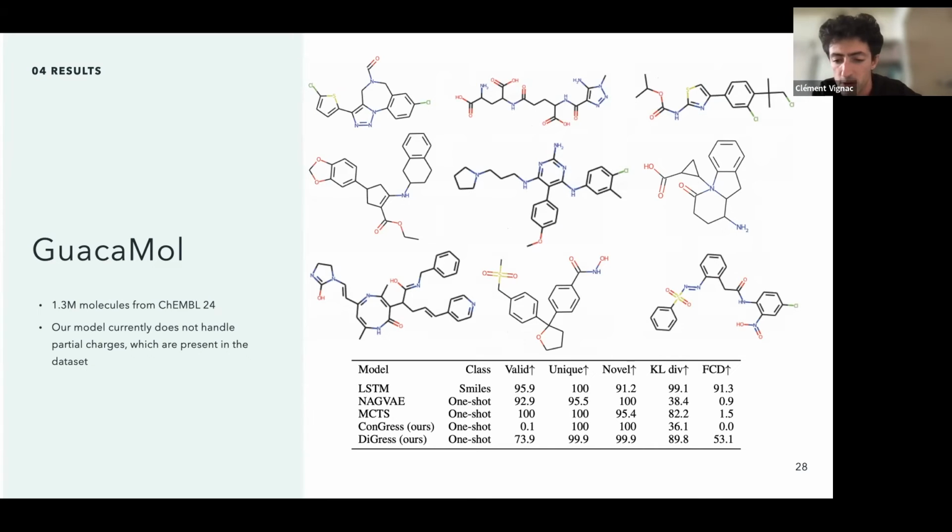So you can look at the metric on the right. That's the most interesting, I would say, because it measures the similarity of the graphs in the test set and the similarity of the graphs that you generate. And we can see that when you scale to this size, then the continuous model does not work anymore. So in terms of scalability, the discrete framework really helps.